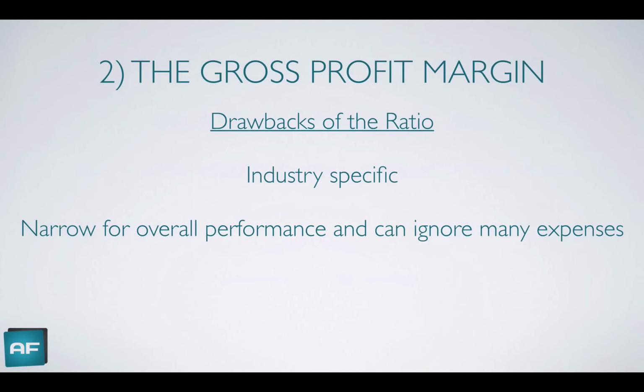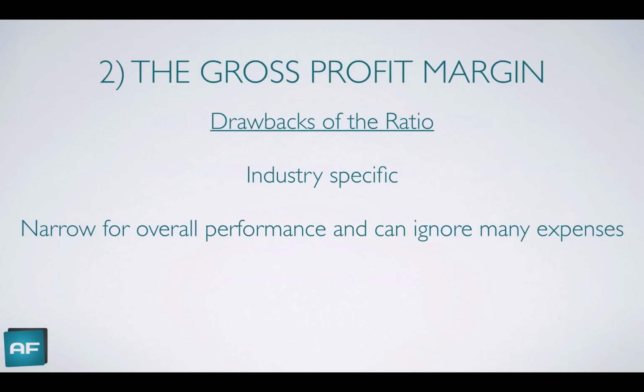So you'll find that some industries have high gross profit margins, while some have very low. Secondly, it's a narrow ratio to test the overall performance and can ignore many expenses. Profitability ratios are a lot about performance, and the first slide talked about performance measures through financial statements.